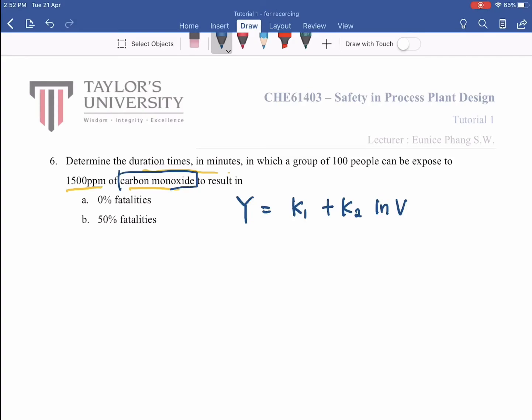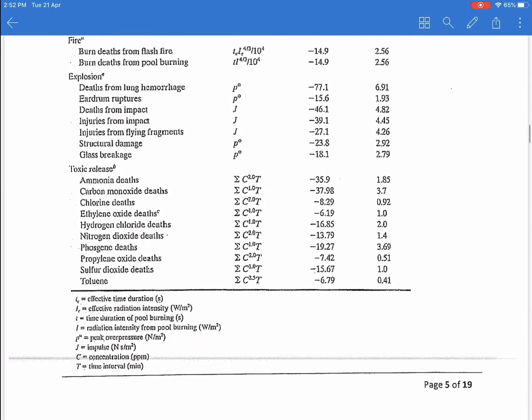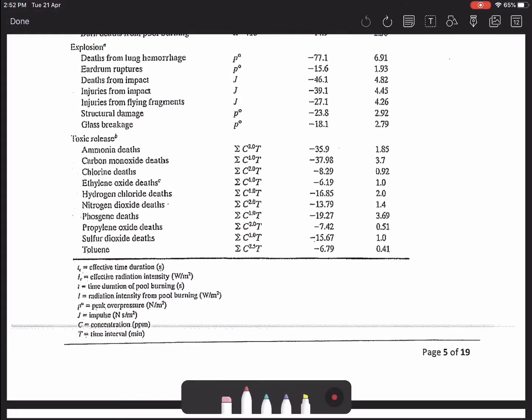We want to focus on carbon monoxide, so go to this table and look for carbon monoxide. There you go, it's here. So the V value is the summation of C to the power of 1 times T, K1 value is negative 37.98, and K2 value is 3.7.